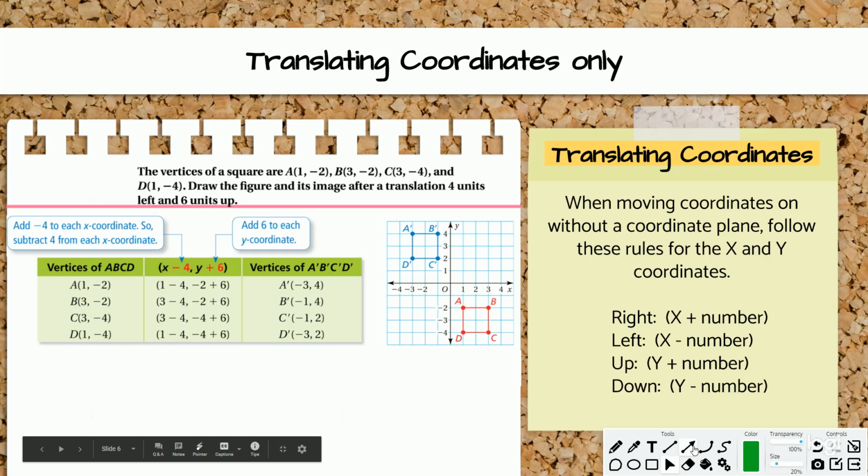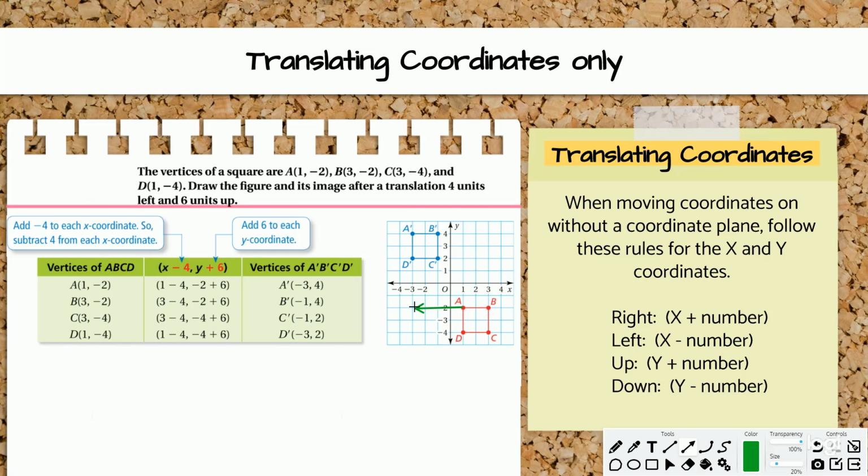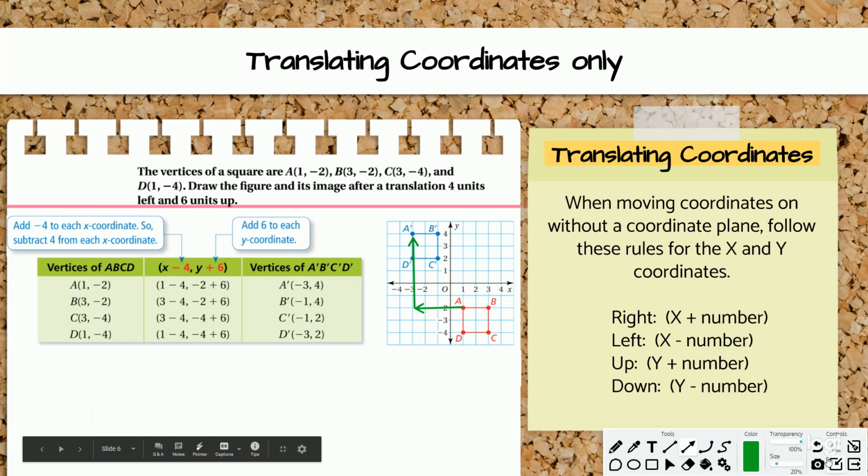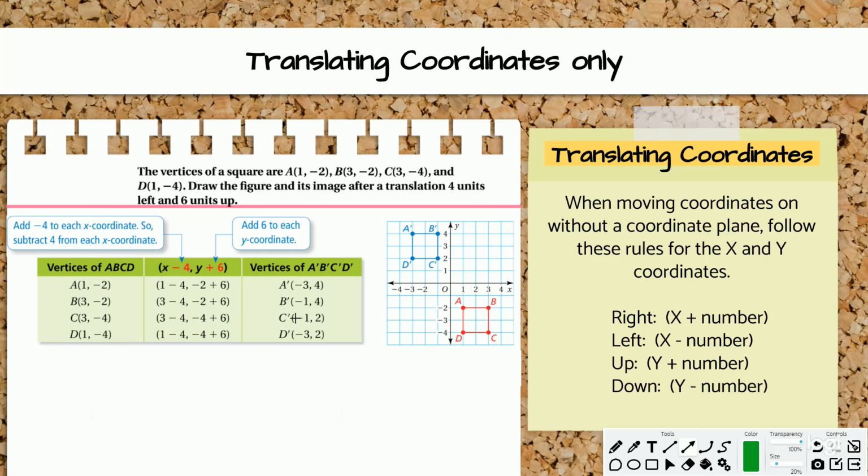So if I look to get from A to A prime, I'm going 4 to the left, 1, 2, 3, 4, and 6 up, 1, 2, 3, 4, 5, 6, and I ended up right where I needed to be. So if I moved all of these the same, since it's the same shape, it would all be correct. And my coordinates here match my coordinates on my coordinate plane.